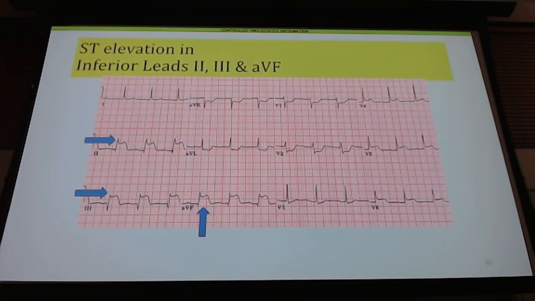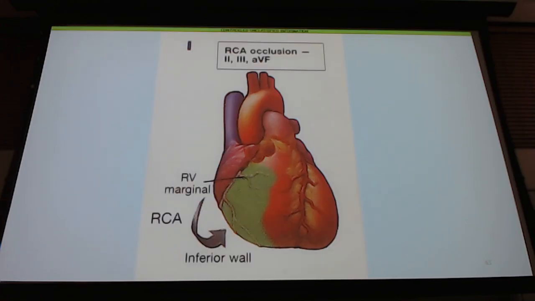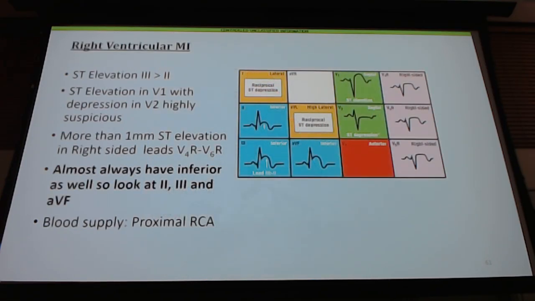And this just shows you an example of an EKG that shows elevations in 2, 3, and aVF. It shows you that occlusion area of the right coronary. And what it's going to look like when you do those right-sided EKG leads is that the leads you moved are now going to show that ST elevation present, as you can see here in your V4R, V5R, V6R.